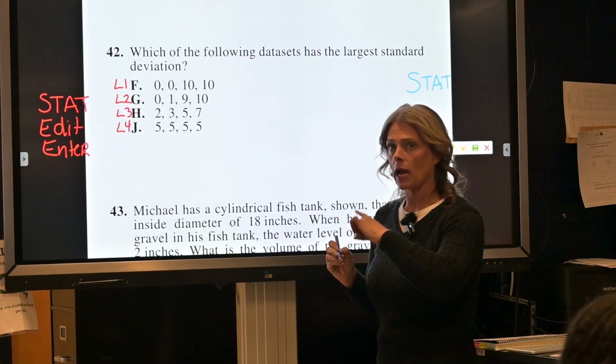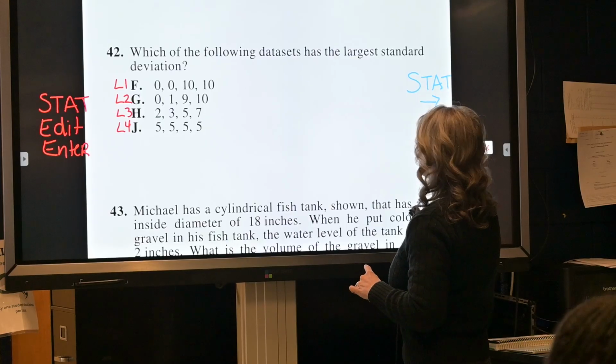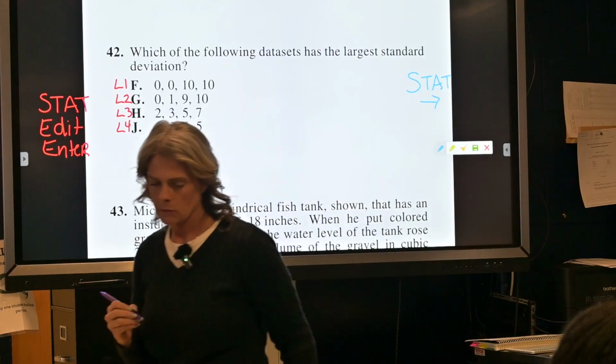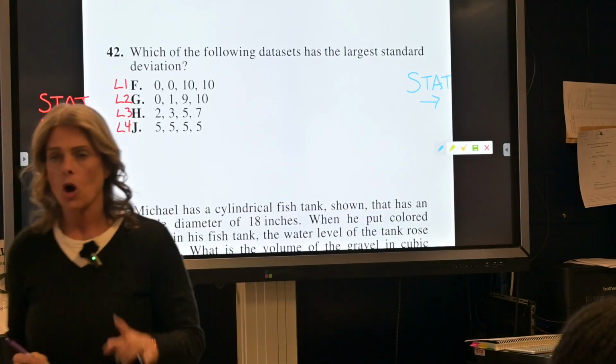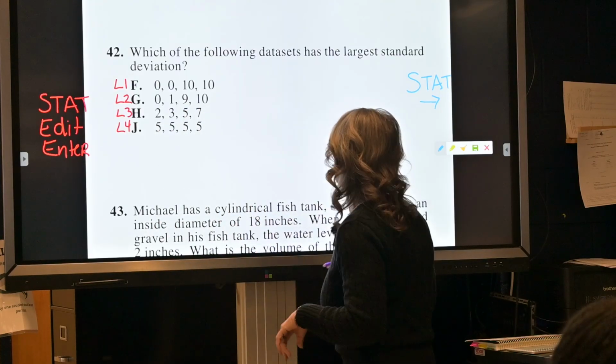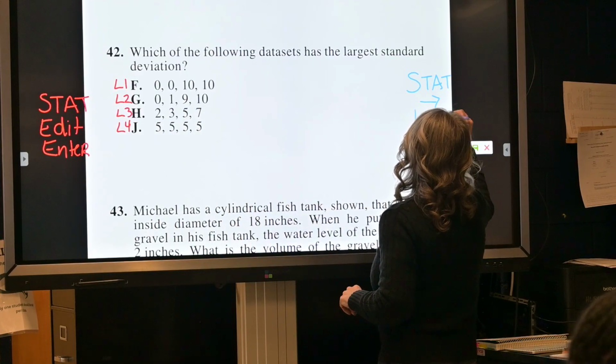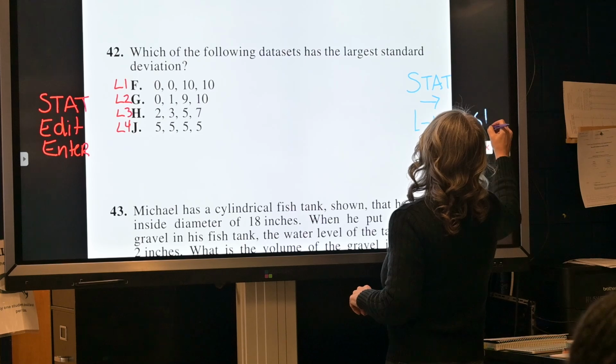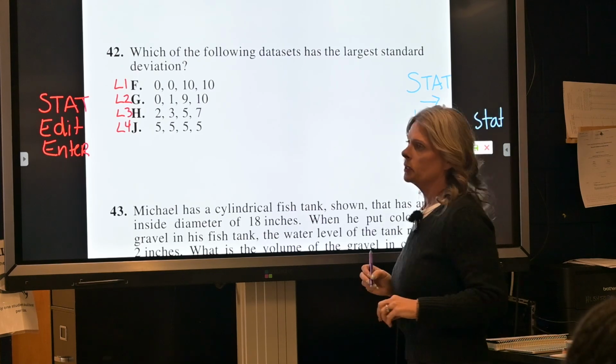This time you're gonna right arrow once over to calculate. It's always one variable statistics, and it's already on that. So 1 Var Stats, and you'll hit enter.